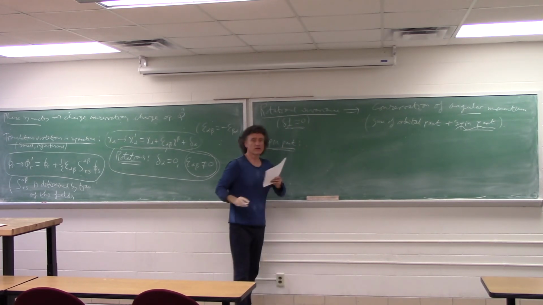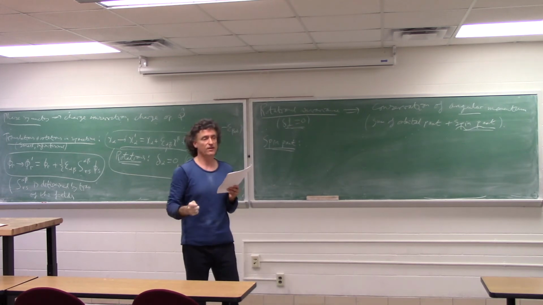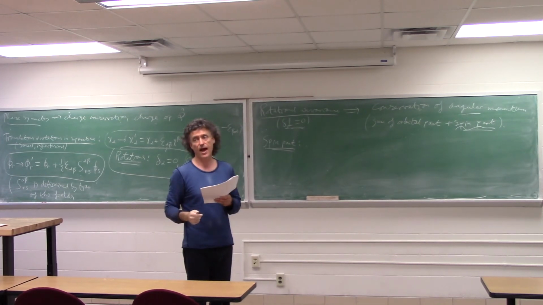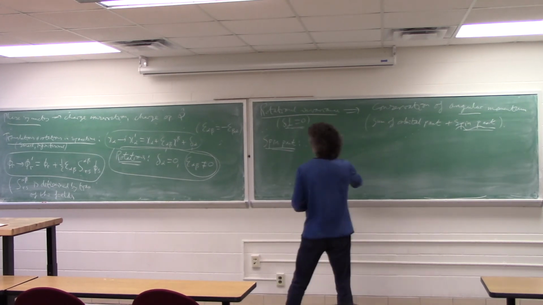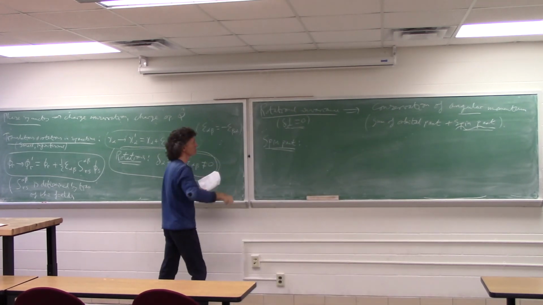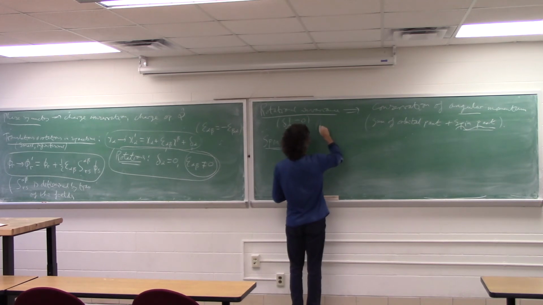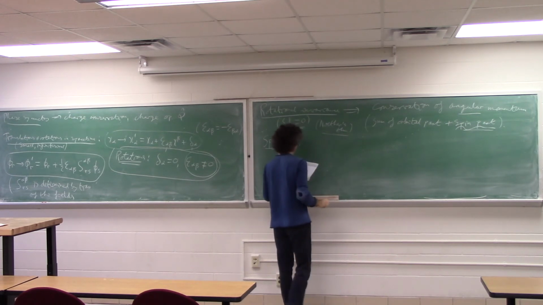When we come to do the Dirac field, we'll find that the Dirac field has an intrinsic angular momentum. And the expression for it comes from this kind of reasoning, again Noether's theorem. This is what it looks like.